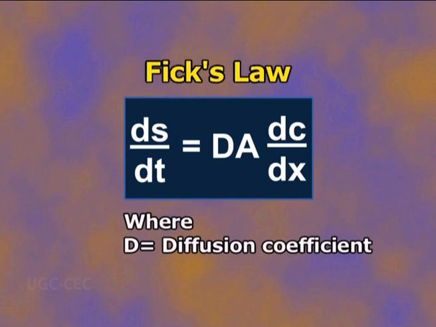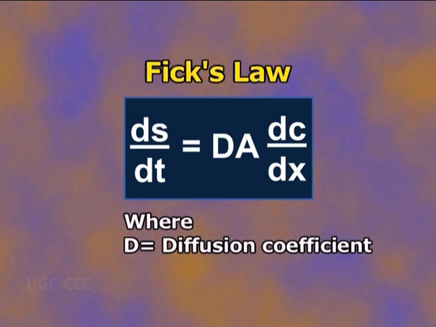The diffusion process can be understood easily by Fick's law. The law states that the amount of solute dS diffusing across the area A in a period of time dt is proportional to the concentration gradient dC/dx at the point.